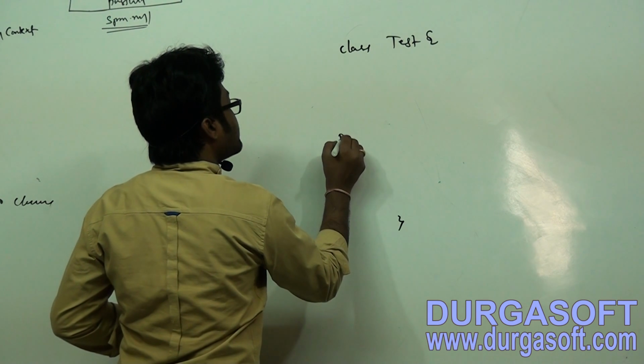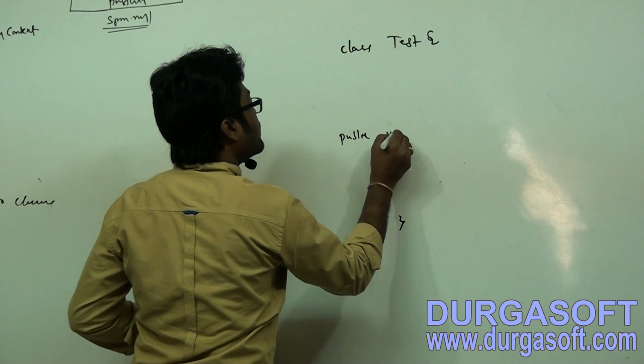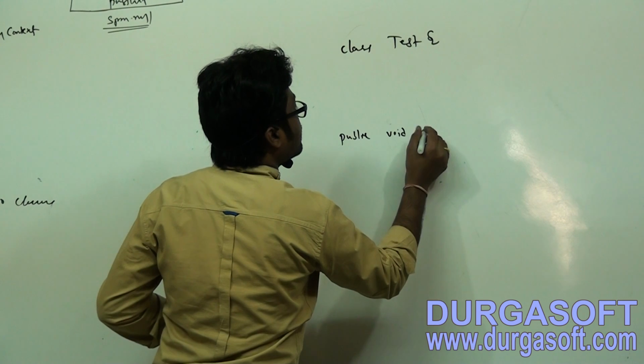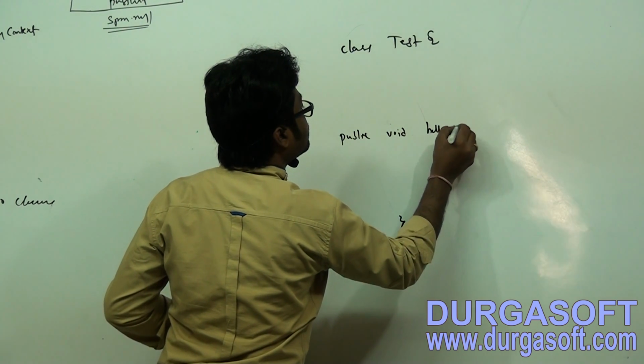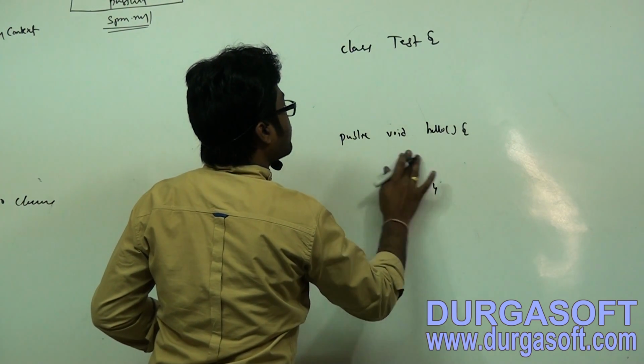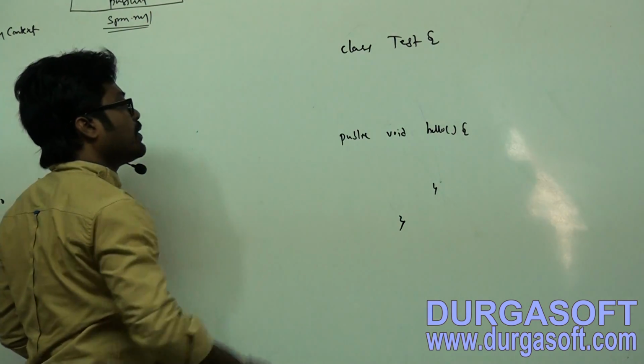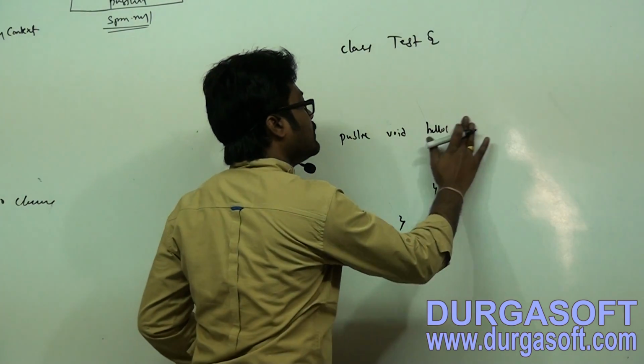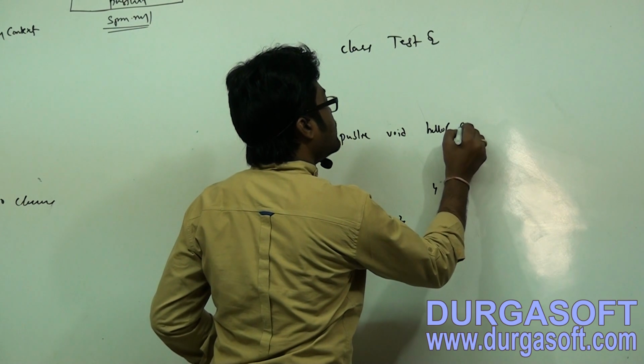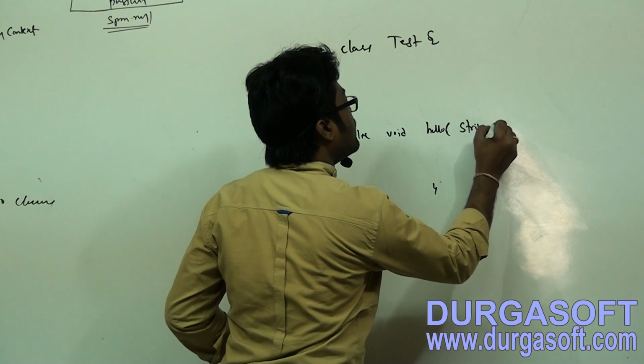I have a class Test, and in this class I have one method, public void hello. In this hello I have one input, string name.